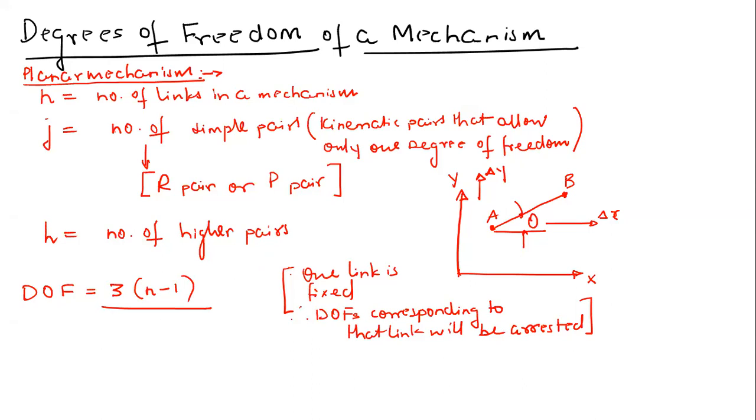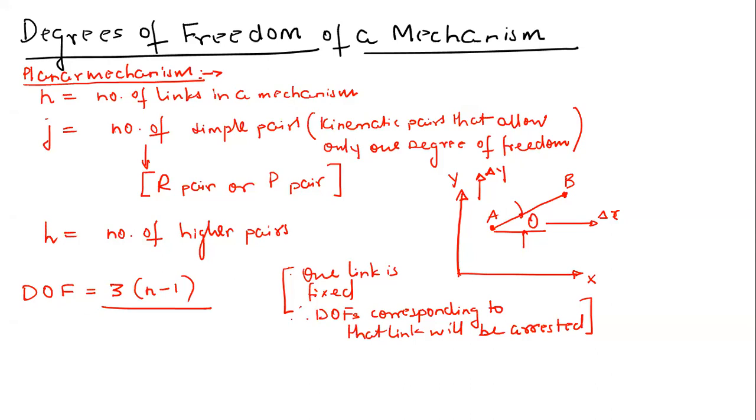Is this clear to all of you? There are n links in a mechanism, but we know that in a mechanism one link is fixed. Each link has 3 degrees of freedom, so only n minus 1 links are active now. Then the degree of freedom of the mechanism will be 3(n minus 1).